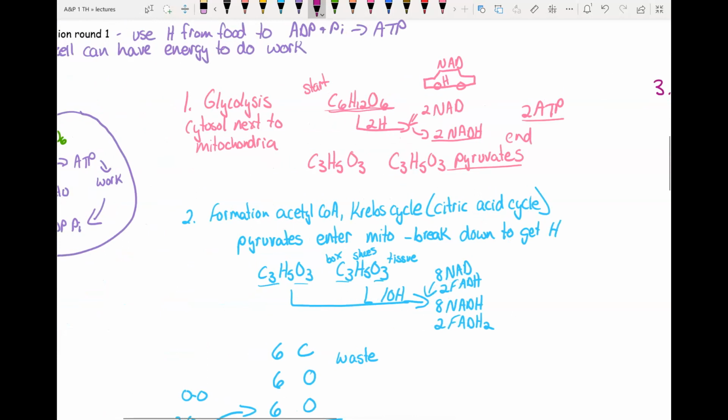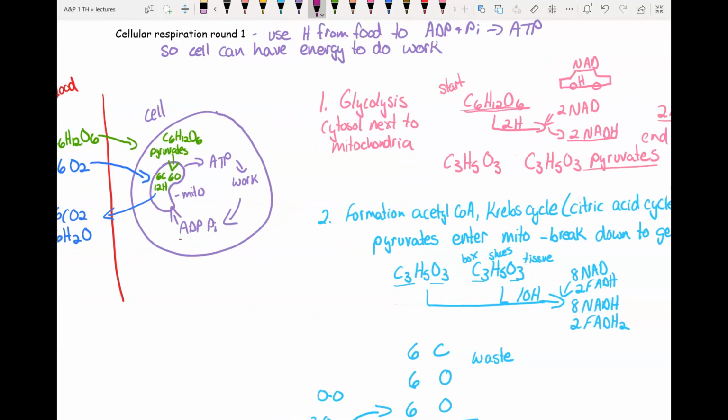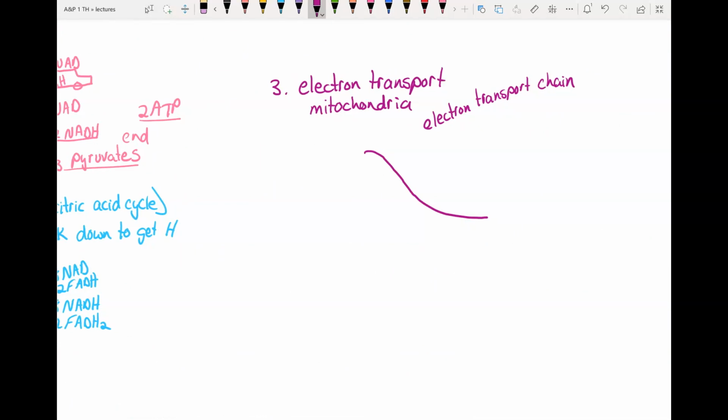Back over here where I said those ADP and Pi go back into the mitochondria, when they do, they go to the electron transport chain. So right here, we're going to have ADP and that P by itself.